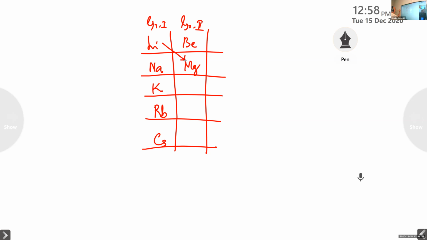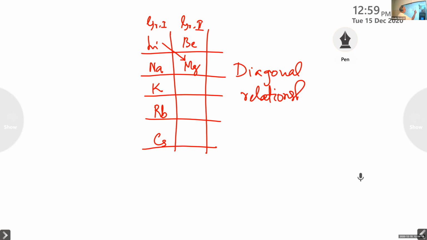But the group 1 member lithium shows similarity with the group 2 element magnesium. Here, lithium and magnesium are diagonally situated. And this similarity in the properties of the diagonally situated elements is called a diagonal relationship.